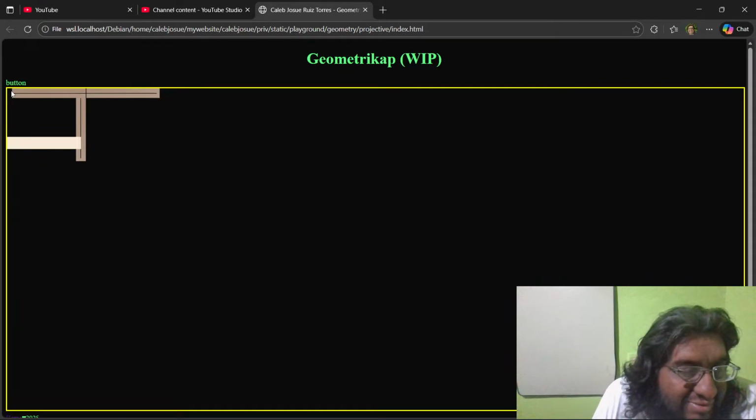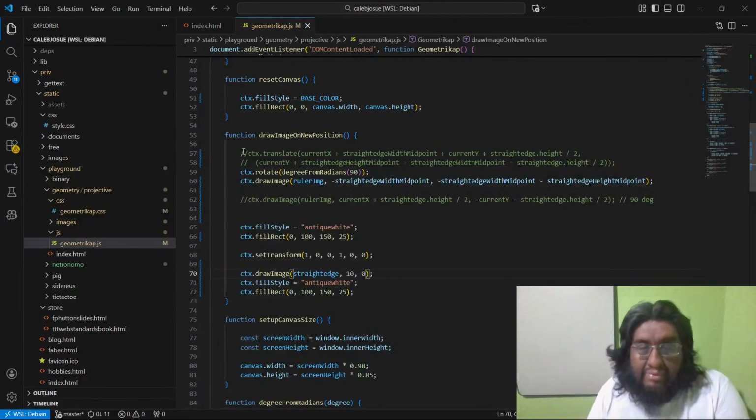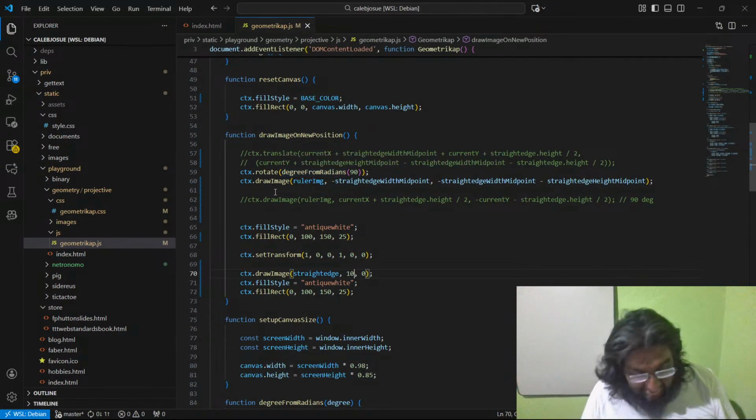This space should be over here. So no arrow needed.